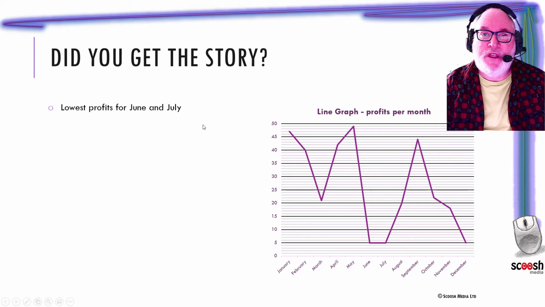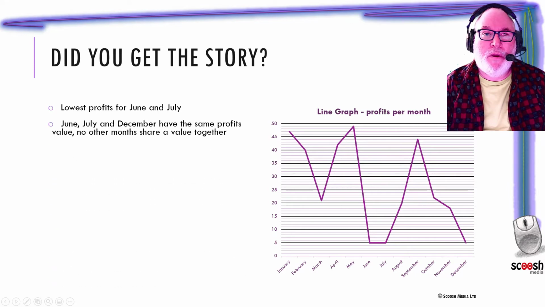So June, July, December. No other months share the same value as these ones. Just as I said, the lowest profits: June, July, and December. There's no other months.